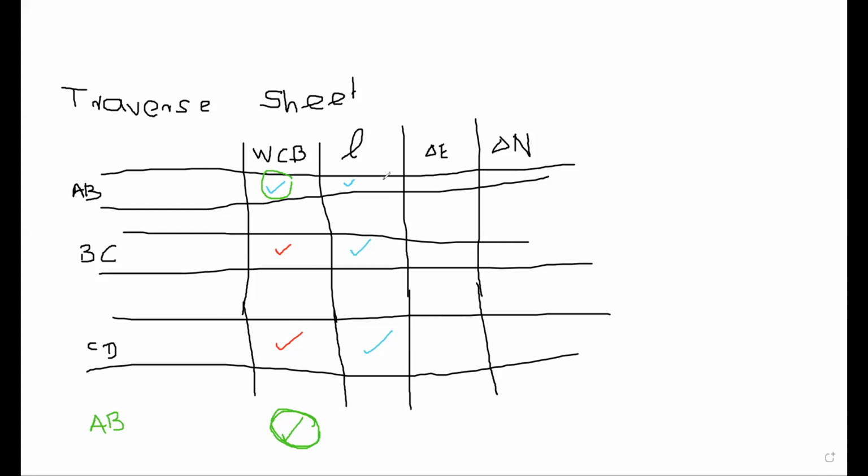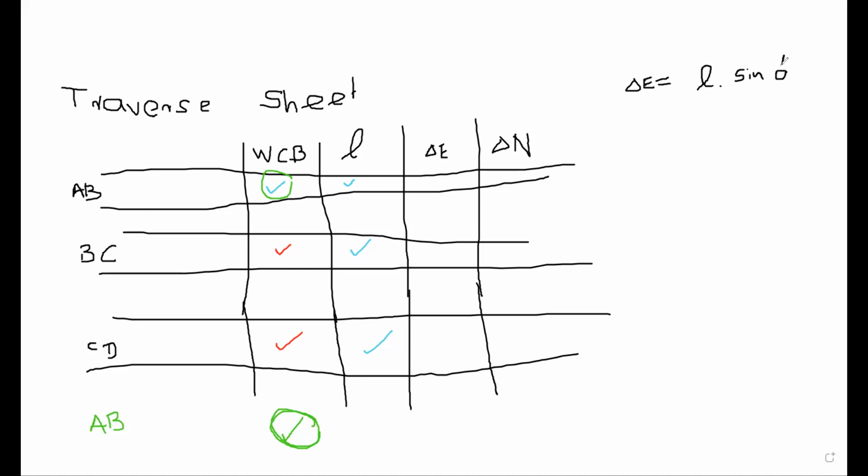Thereafter, I asked you to calculate delta E and delta N, because for each line you now know the bearing and length. So we know delta E is always L sine phi. You have to record it with the sign.